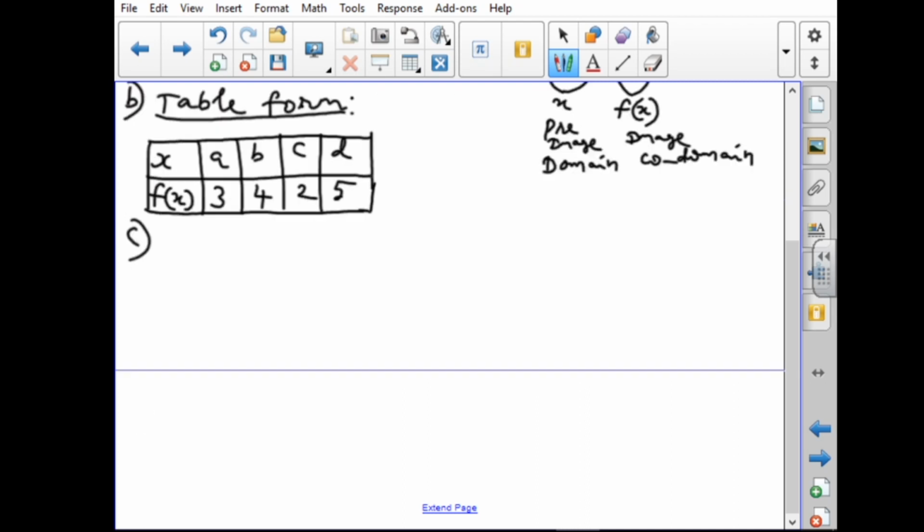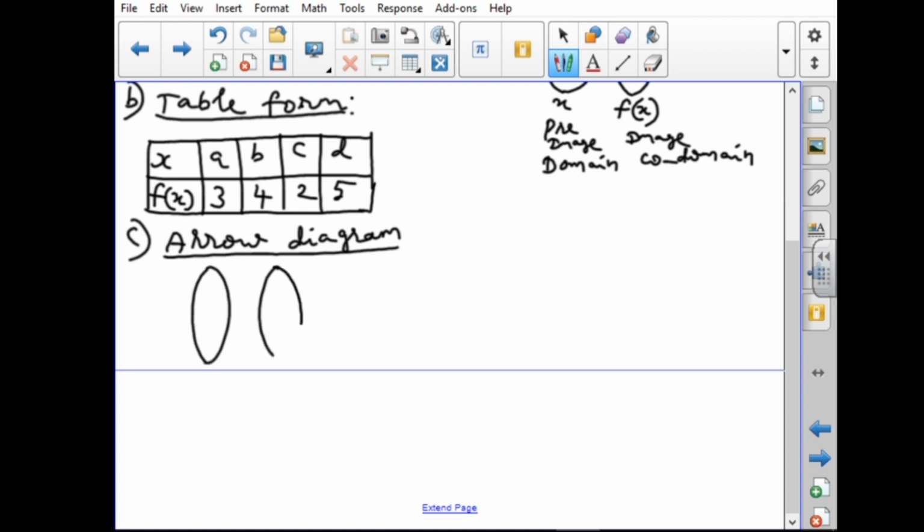Next, the third one, arrow diagram. Arrow diagram means the function indicates the elements of the domain and the codomain. We have to use arrow marks. First we make it like this.